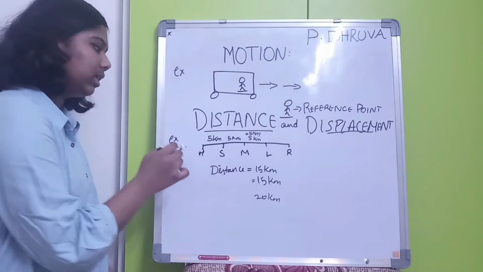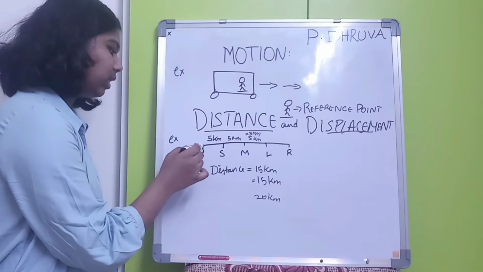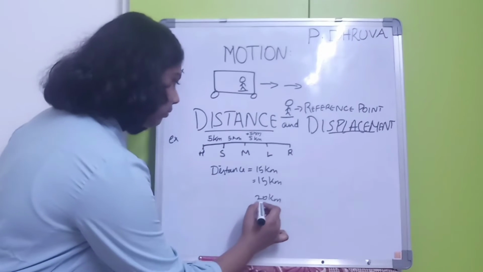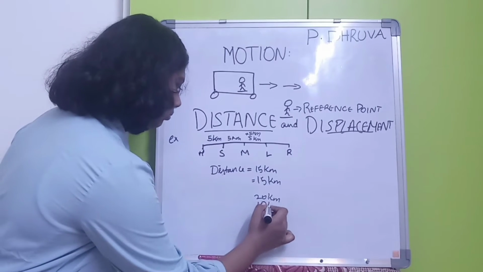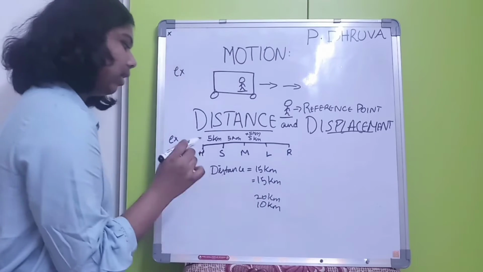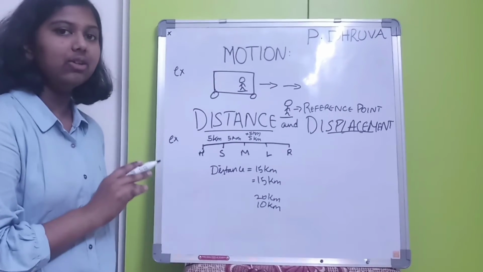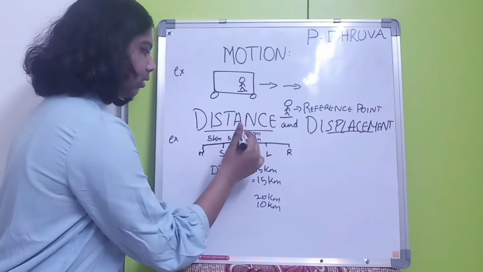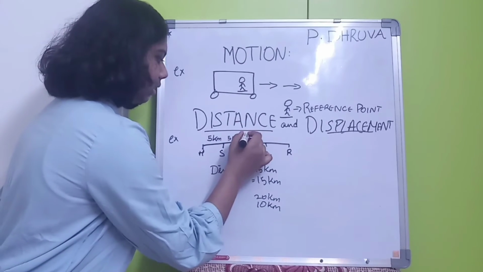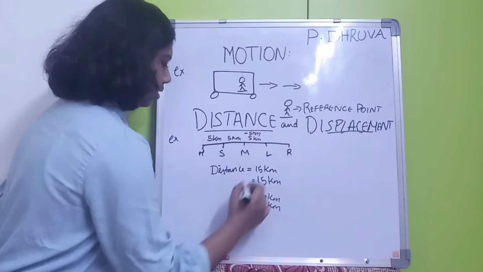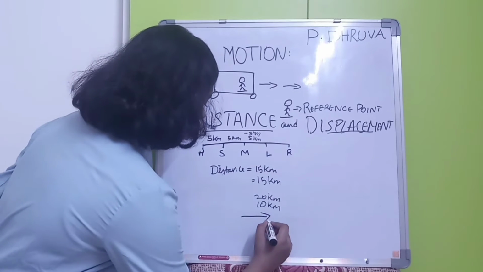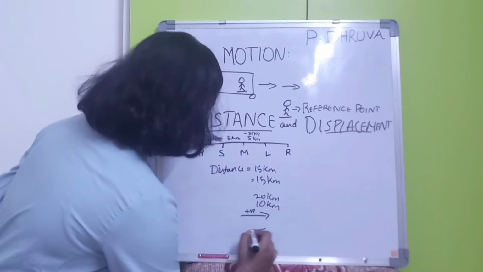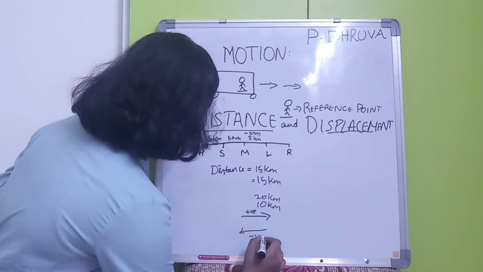And the displacement, which is from the initial point to the end point, is 10 kilometers. How did we find this? Distance does not have negative values, but displacement does. So when we head back, we don't add it. This is a negative value. When we go, it's positive. I consider this side as positive and this side as negative.